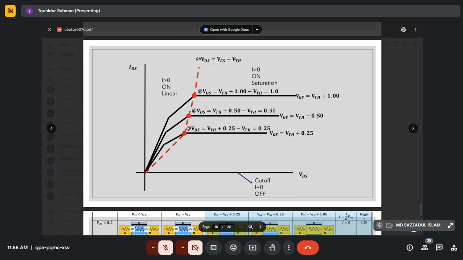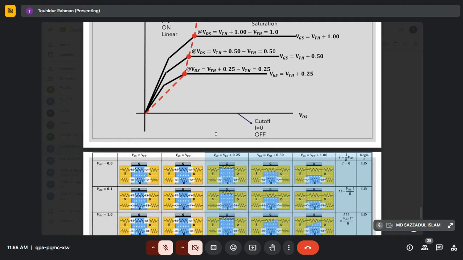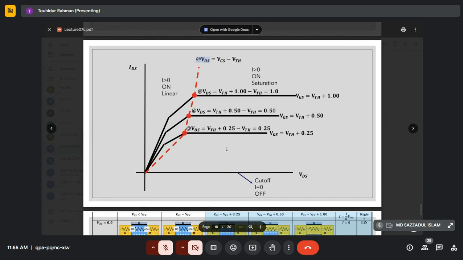On the left side of this point, or value of VDS I would rather say, the left side of that VDS is called linear, and the right side is saturation. Why is it linear? Why is it saturation? And also, you need to learn the movement of current and voltage for different VDS and VGS. I think we have a separate slide for that, but that is also applicable for this slide.